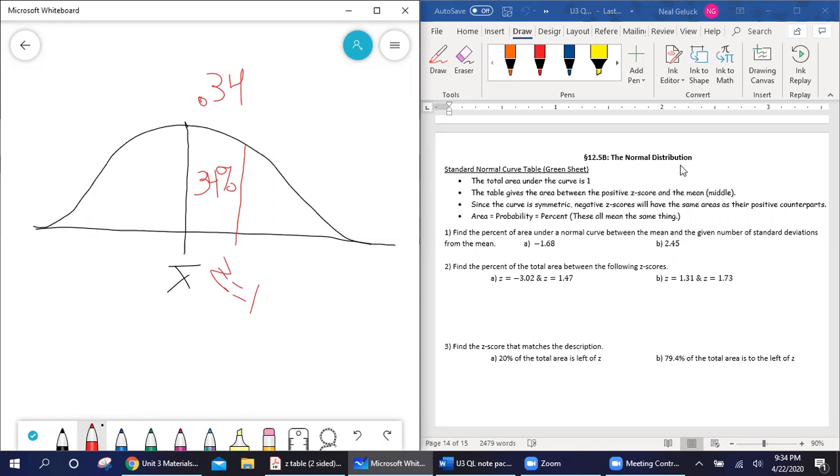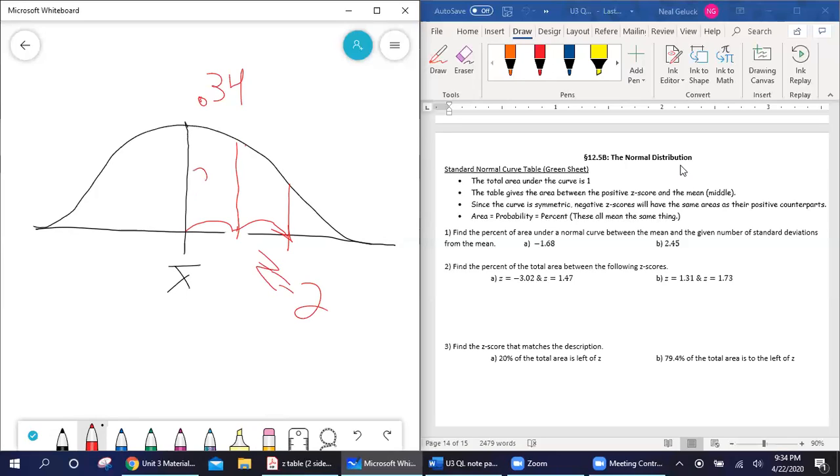If I moved this and said, okay, now instead give me the z-score of 2, so 2 standard deviations, that would be a z-score of 2, by the way. We talked about how that was the 34% and the 13.5% put together.